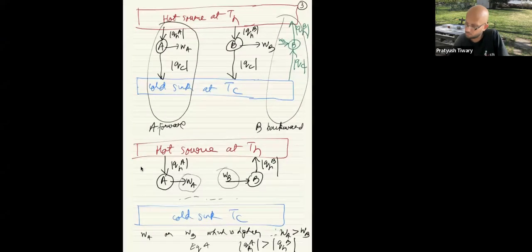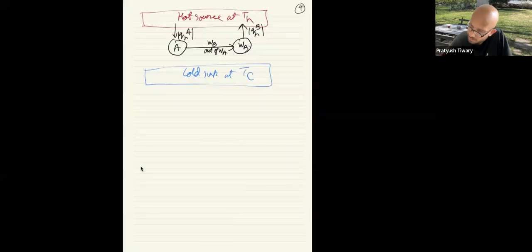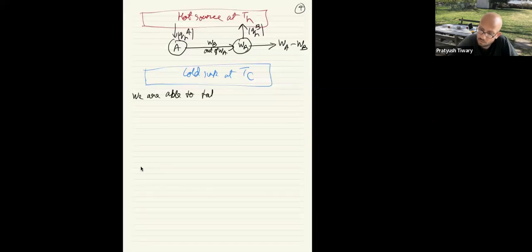to the hot source. And what is the net effect? Since A was more efficient, right? So A produced more work than was needed to run B. So the net effect is WA minus WB work is happening. This is very interesting. What we have just done is we are able to take net heat, QHA minus QHB, which we know is positive.